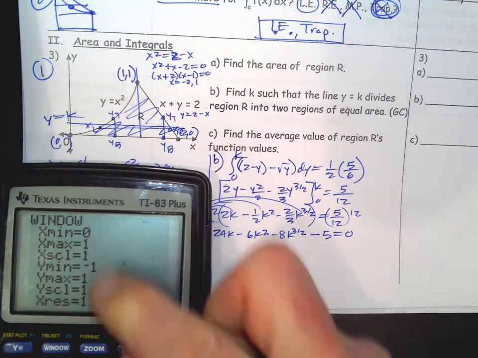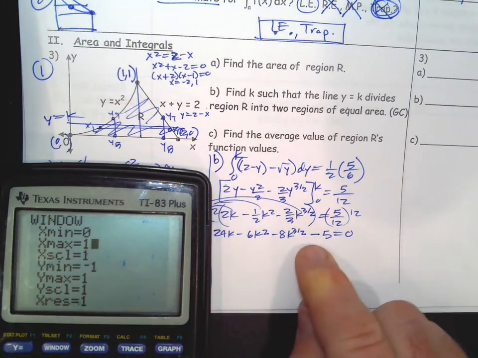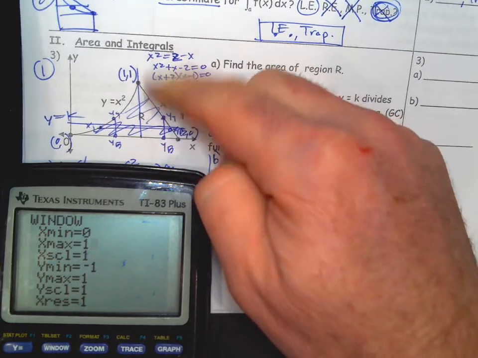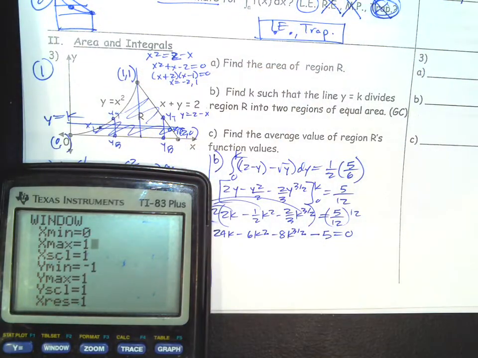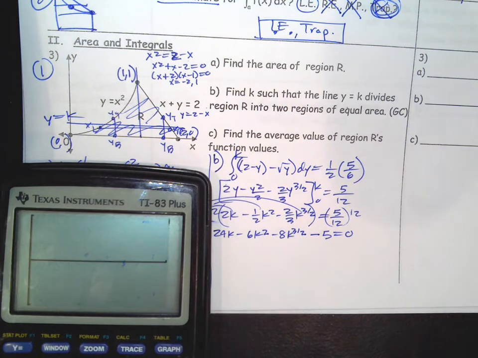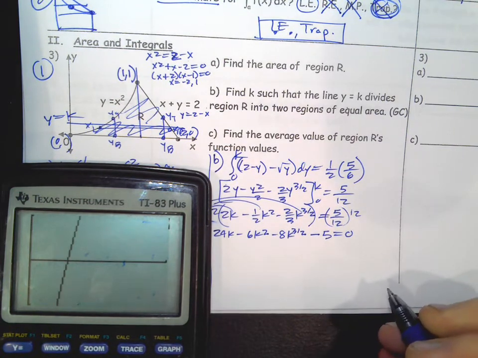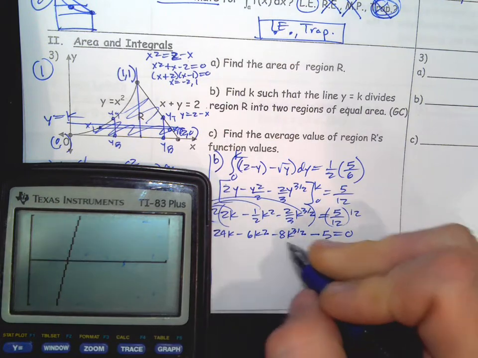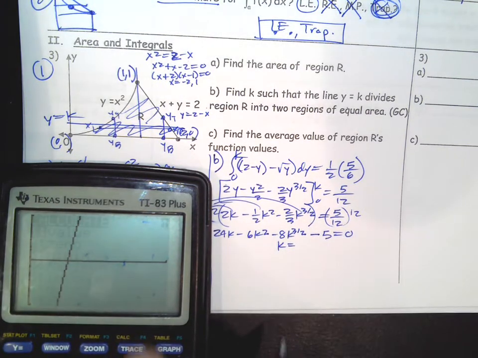The x's are the values we're looking for, but they're going to be a y value, so it's only 0 to 1. That's all that's possible. And then just leave y min and y max at negative 1 and 1. And there's the answer. Second calc, zero. This is from 0 to 1, so I'm going to say 0 to 0.5, guess 0.3.